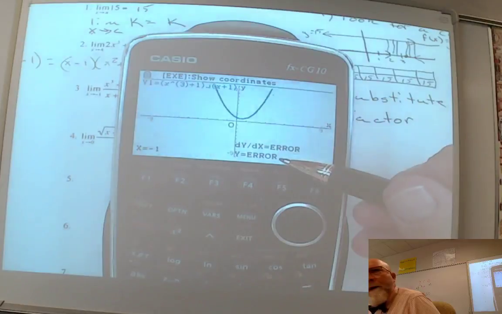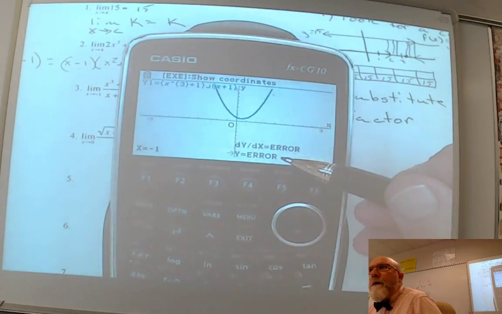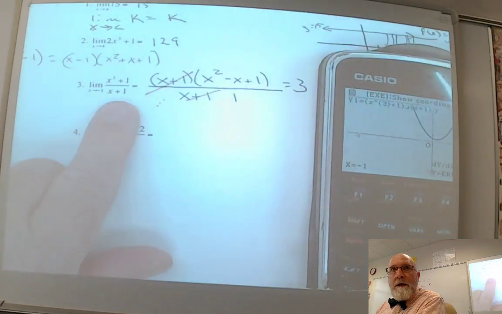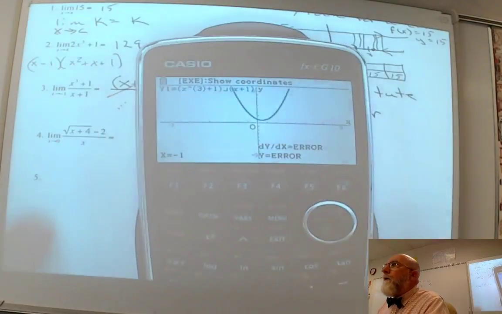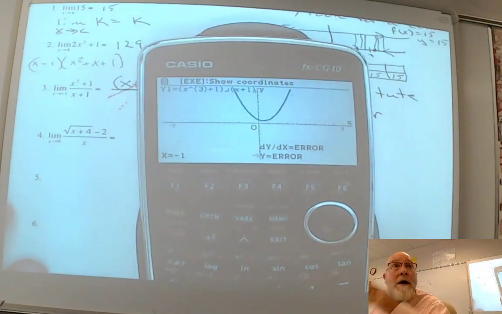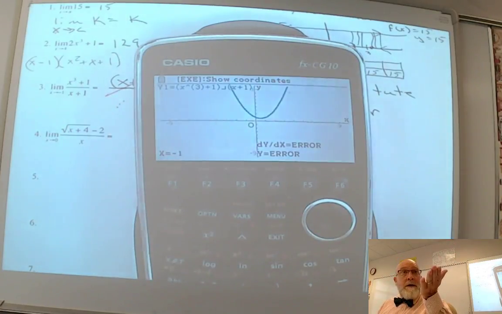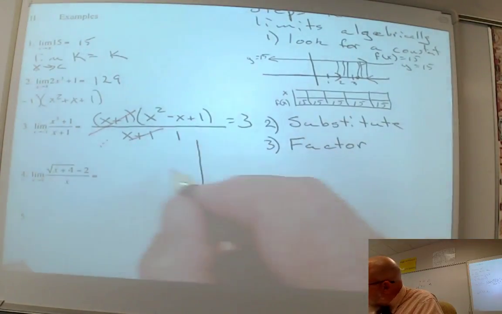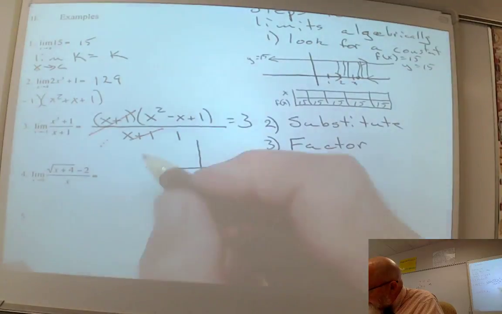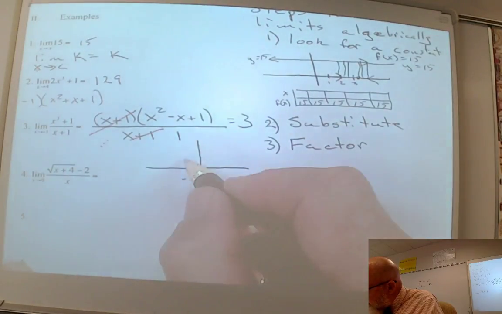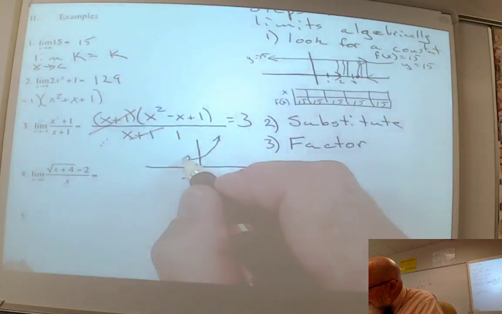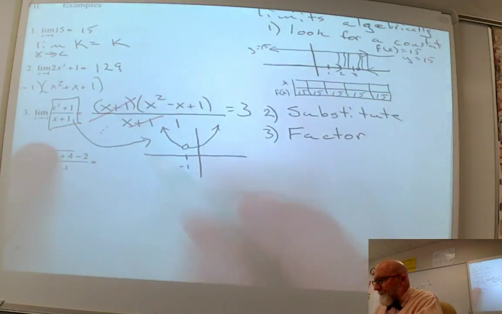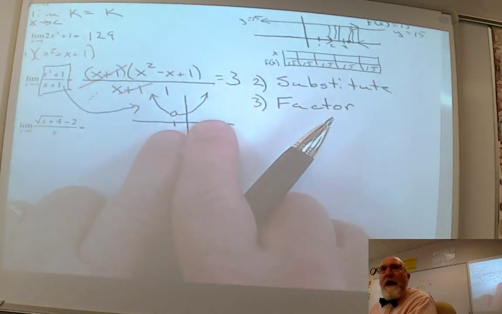Why do I get error? I'm dividing by a 0, aren't I? What should be in this graph? A hole, right? So this graph should look like this. At -1, there should be a hole here. This equation is this graph, correct?